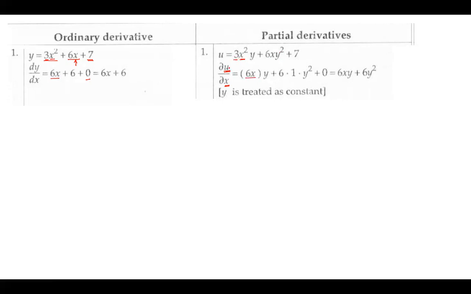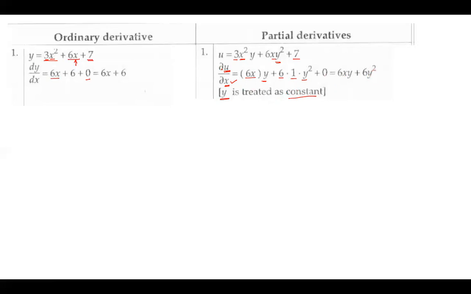Remember, when we are differentiating u partially with respect to x, we need to treat y as a constant. So this y will remain as it is, plus here you have y squared and x, so we are going to differentiate only x. The derivative of x will be 1, and 6 is a constant. y squared also we treat as a constant. Plus 7, which is a constant, and the derivative of a constant is 0. So the final result for dou u by dou x is 6xy plus 6y squared.